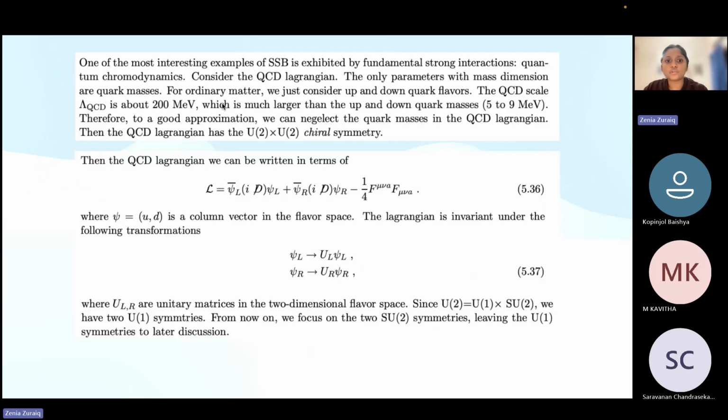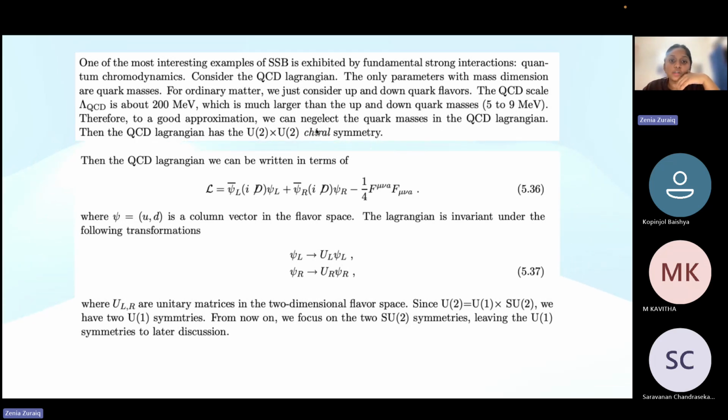So what was found is that the QCD Lagrangian has quark masses which are very small compared to the QCD scale, only about 5 to 10 MeV. So to a good approximation, we can neglect the quark masses. Let's just consider only the up and down quarks, which have very small masses, and those are the quarks which compose the protons and neutrons anyway.